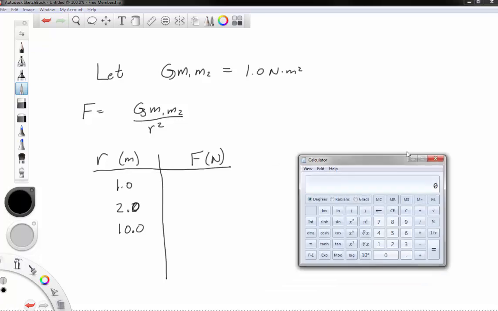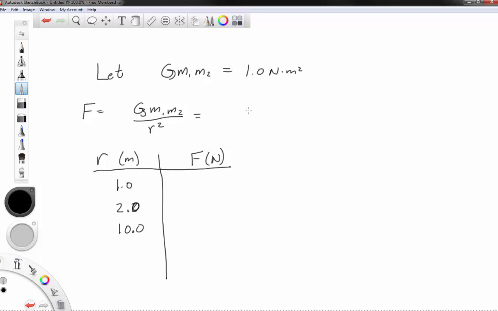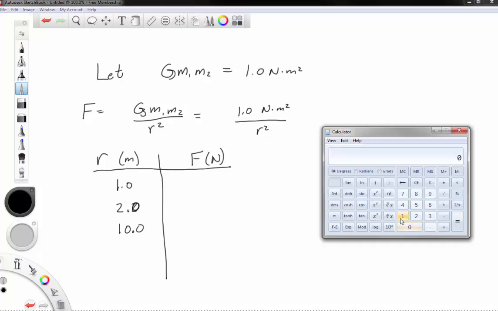And what you basically do is you say, okay, for 1 meter, we have 1 divided by 1 squared. So this equation right here, we could actually write as 1.0 newton meters squared divided by whatever r is, squared. So this one maybe you don't need the calculator for.